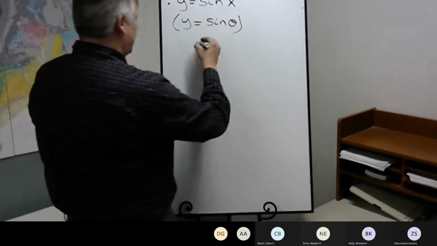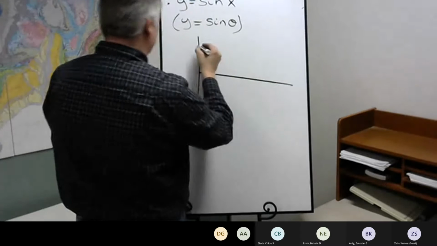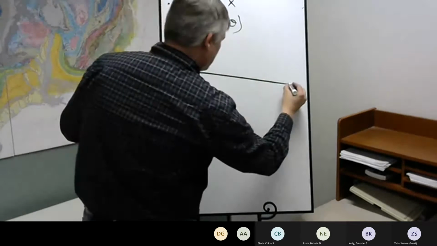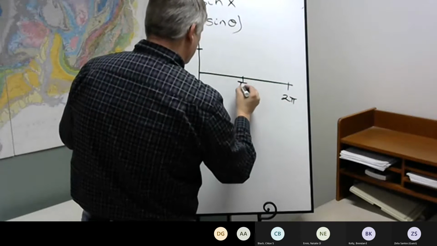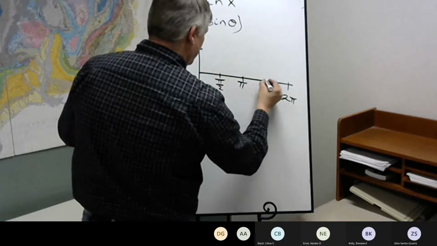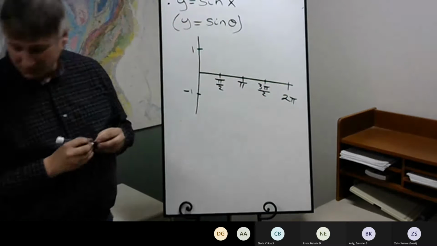So what this looks like, and again, this is one of these canonical functions, and so these are sort of the canonical function values.